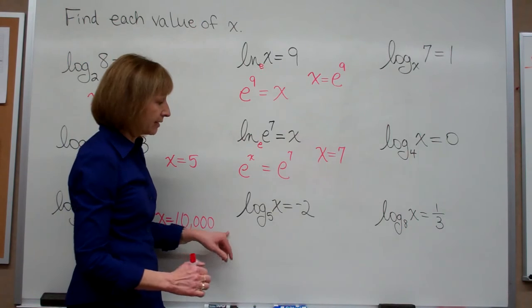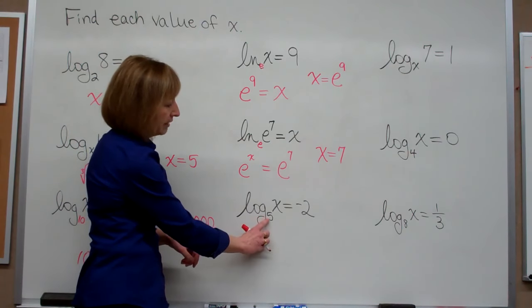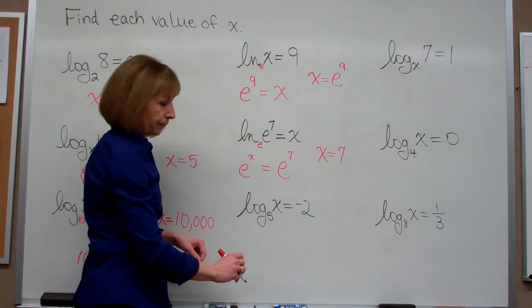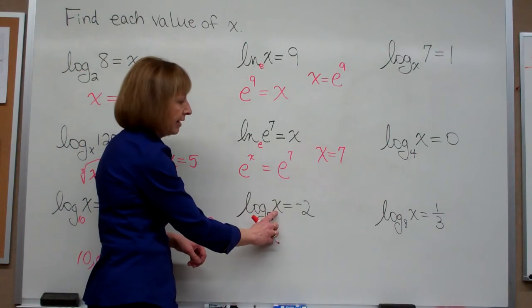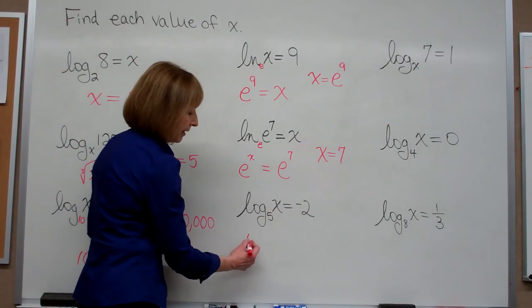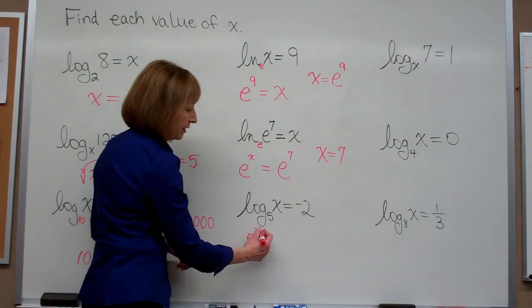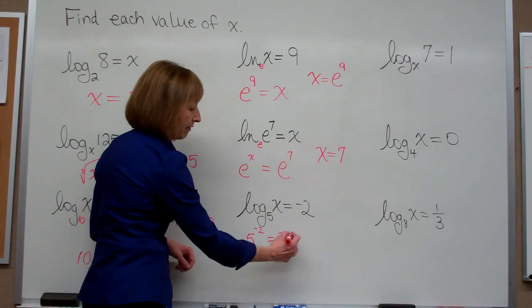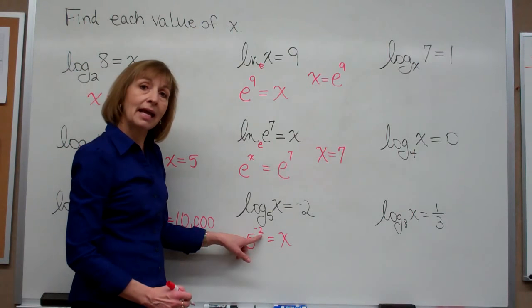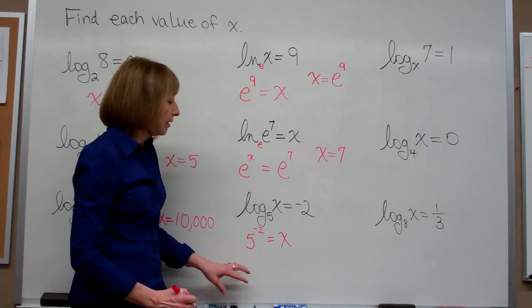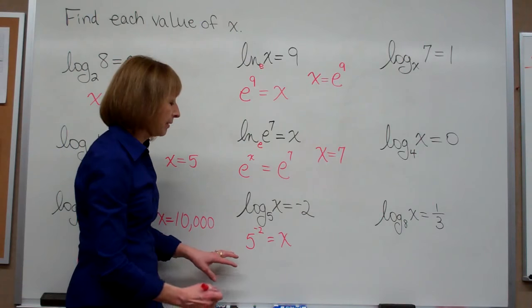Okay, example 6. Log base 5 of x is equal to -2. So the exponent I put on 5 to create my value of x is an exponent of -2. My base is 5, my exponent's -2, and that's how I get my value of x. And then remember, negatives on my exponents reciprocal the base or go in the denominator of the fraction.